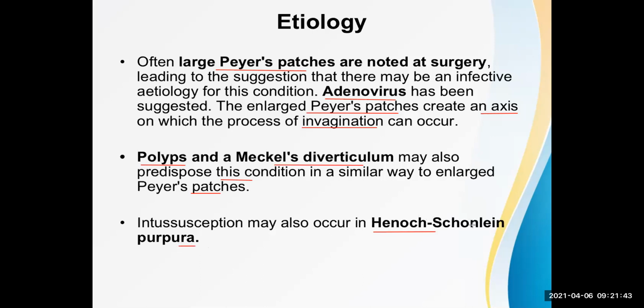It is also one of the common diseases in children. You already know the four important features of HSP: rash, GI tract involvement, renal involvement, and arthritis. So GI tract involvement is the point here. The mucosa of the GI tract may be affected, and that can act like a starting point for intussusception.